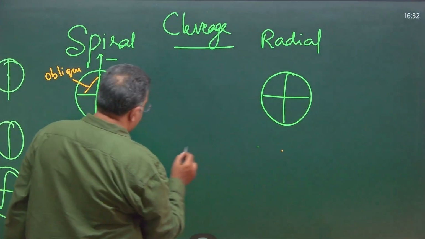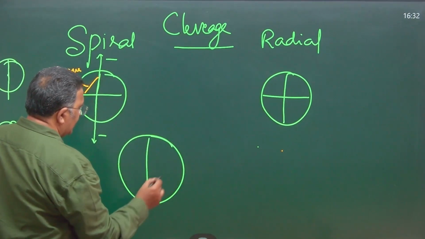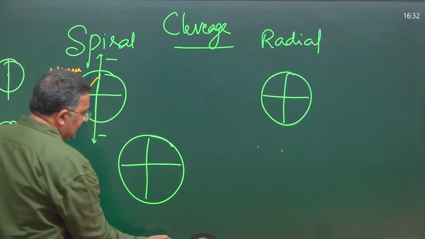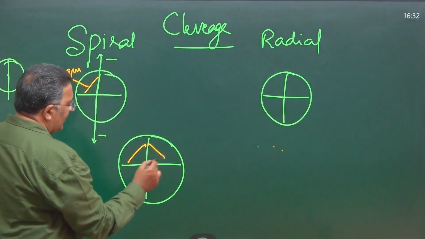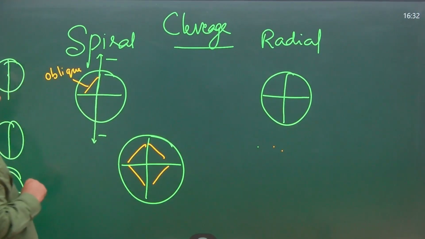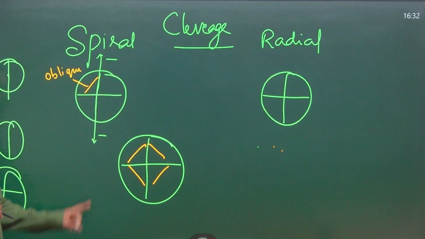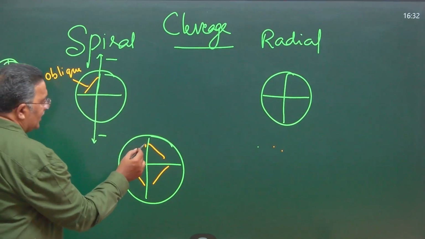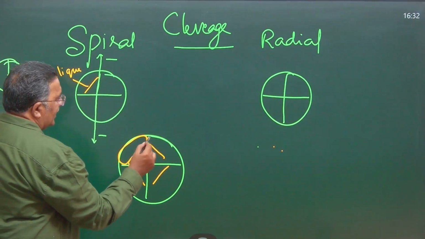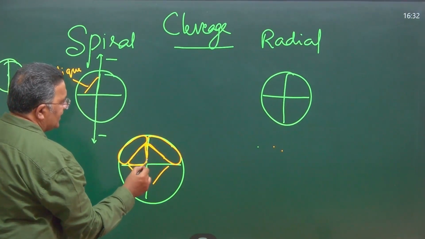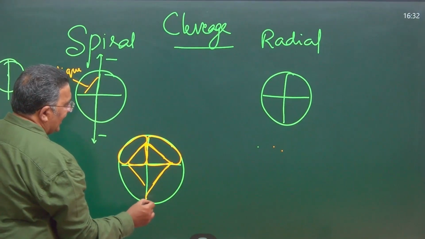Green we have taken. This is the embryo at four cell stage. Now I will show you the oblique one. Oblique, oblique, oblique, oblique. Here I drew only one, full oblique like this. This oblique condition divides the four cell stage into eight cell stage.